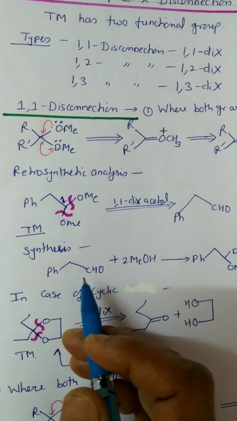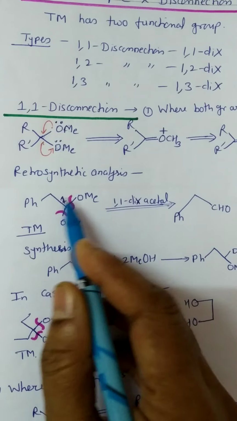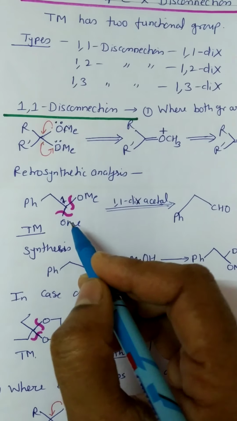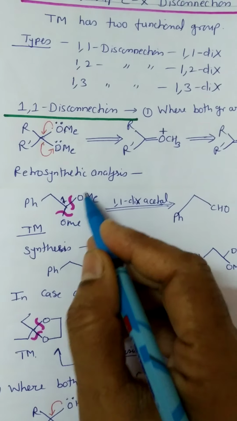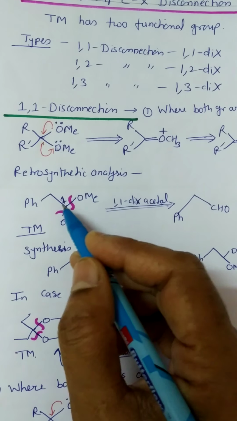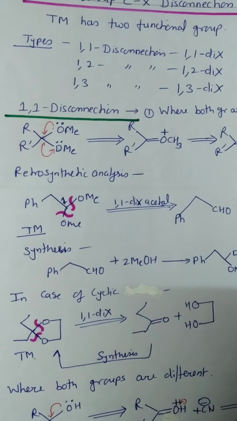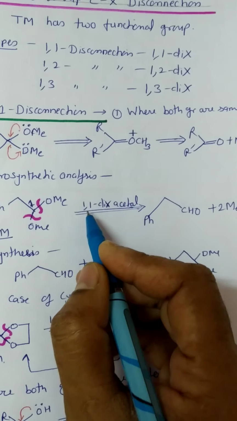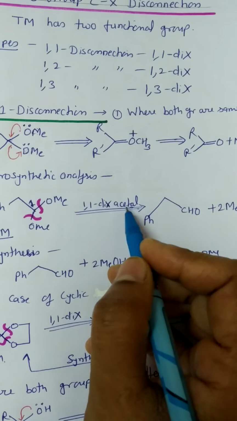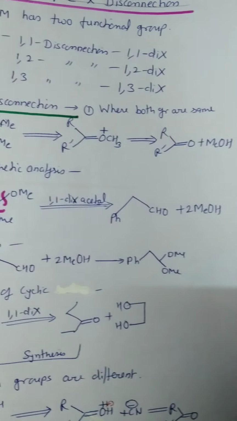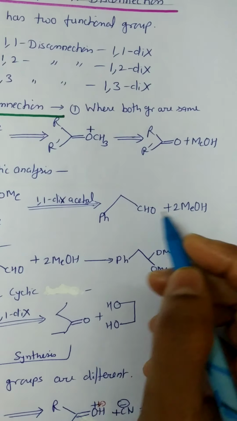The other example for the retrosynthetic analysis of this type of compound: here at this carbon atom two functional groups are present, therefore it is called 1-1 disconnection, and we write 1-1 diex above the retrosynthetic arrow and obtain two synthetic equivalents.